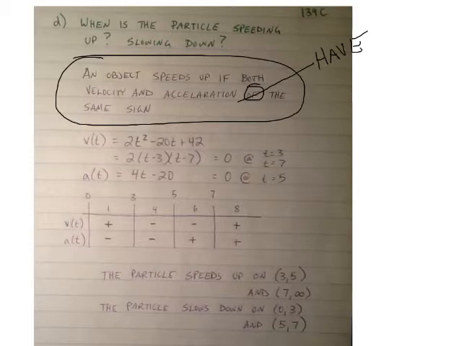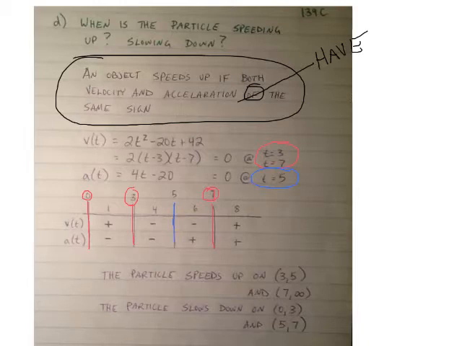The first thing we did is we already know that the sign changes for velocity at times 3 and 7. So we have time 0, time 3, and then time 7. Then we also look at acceleration, and we find acceleration is 0 at time 5.